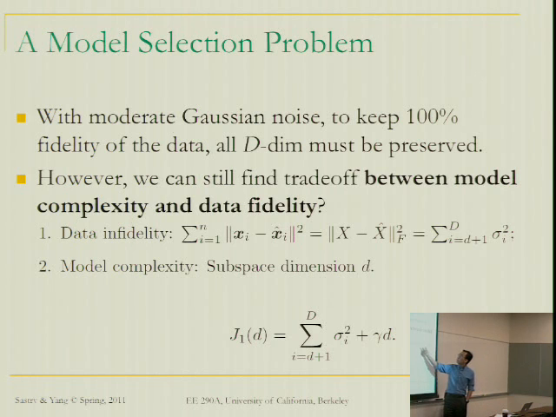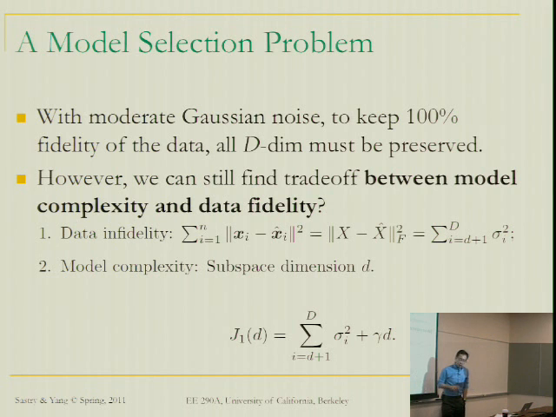And last time we also said that the Frobenius norm of a matrix is equal to the sum of the squares of the singular values. Here, because by this subtraction I have removed the first dominant small d singular values, what's left will be from d plus 1 to capital D, and the rest of that will be all 0. Okay?